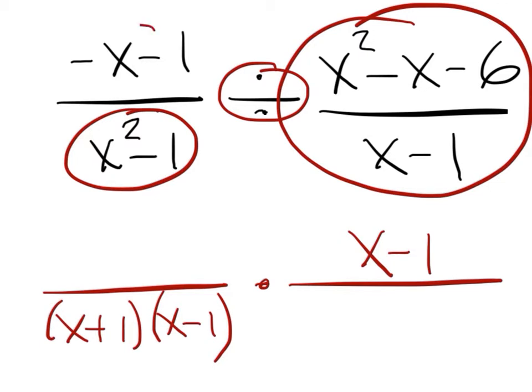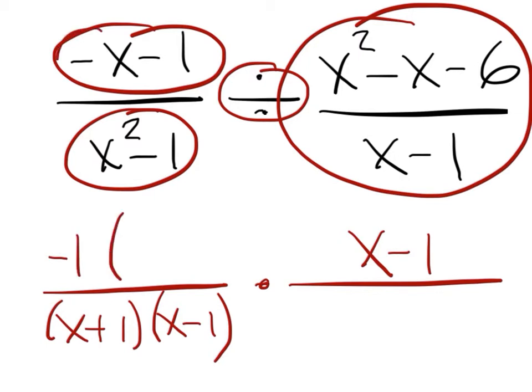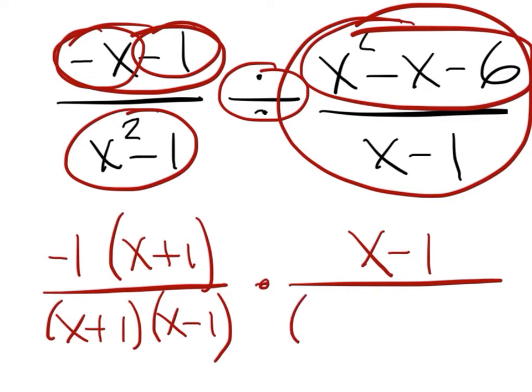But also here, if you can change that into something that we can cancel out, like a negative 1. If I take a negative 1 out of this and this, I'm left with x plus 1. Does that help me out? Yes, it does. This is easy to factor. It'll be x and x.